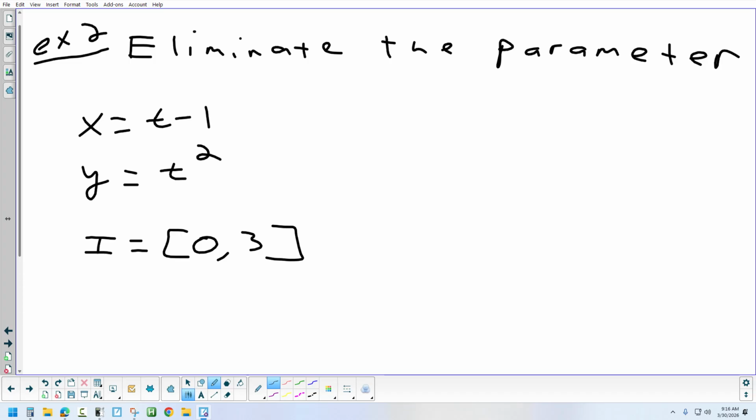Isolate t in the x equation. Yep. And what would t equal? T would just equal x plus 1. Yep. Perfect. So that's step one. Isolate the t. What's the next step?